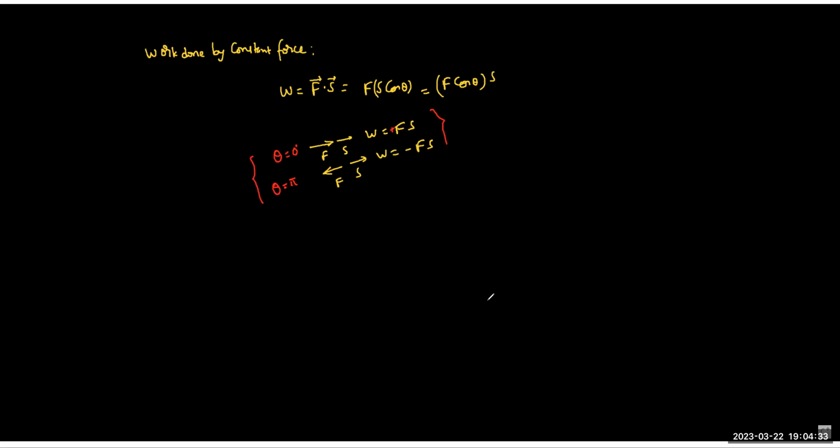One is called translational and the other is called rotational. So the spinning object will have a different kinetic energy, and the translating object will have a different kinetic energy, and therefore we have two different names.